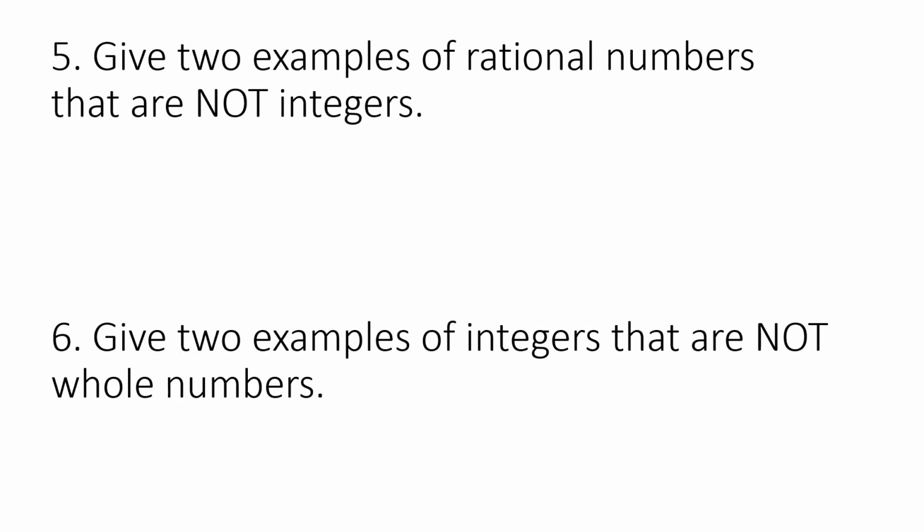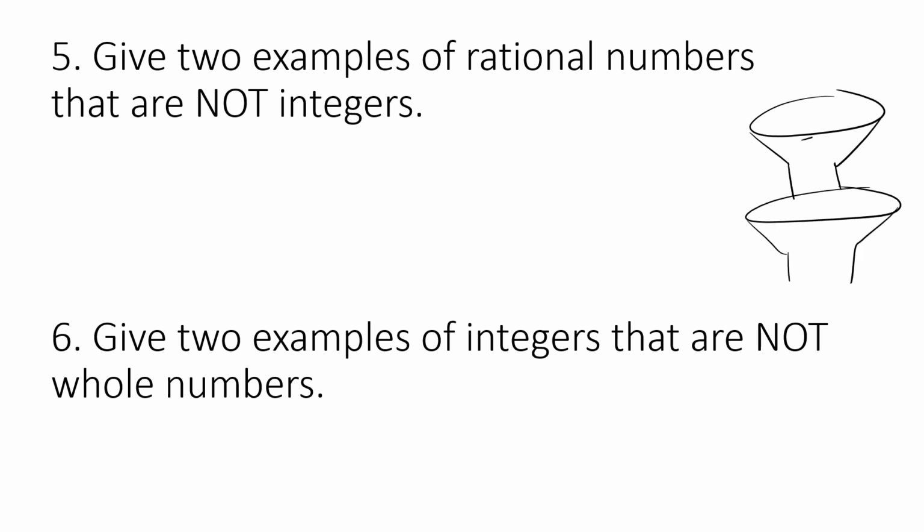All right, so next we have: give 2 examples of rational numbers that are not integers. So remember, if you were looking at that funnel diagram, this is just a chunk of it, just one little piece. We had the integers here, and the integers flow down into the rationals.